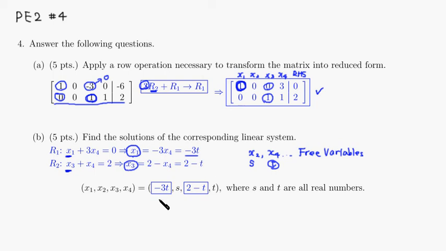So x1 is -3t, then s is the x2 value, then x3 can be written as 2 minus t, and x4 is another free variable t. So that's how they get those answers. I hope that this was clear.